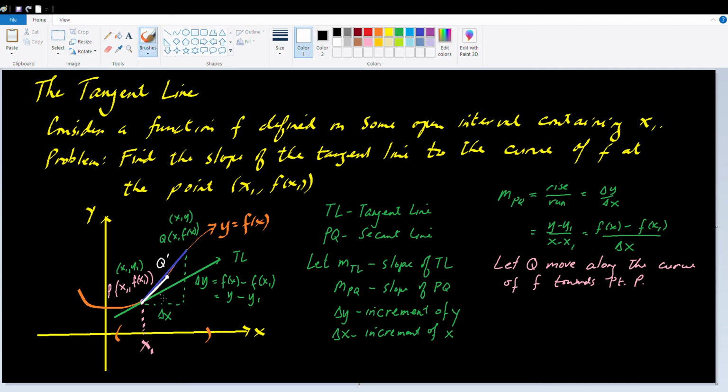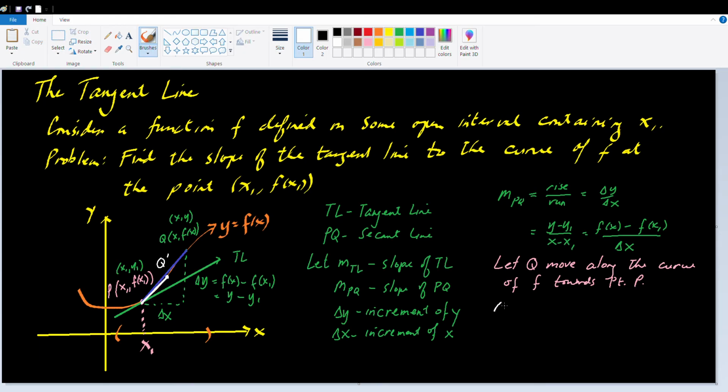And what do we see here? Our secant line PQ prime is closer now to our tangent line. So the slope of line PQ approximates the slope of the tangent line. The same thing, the slope of PQ prime approximates the slope of the tangent line.